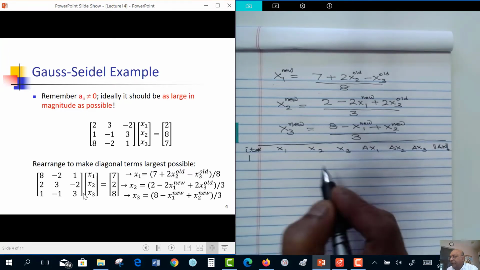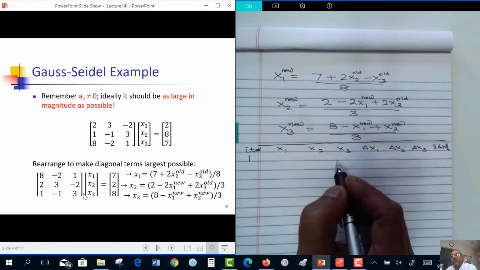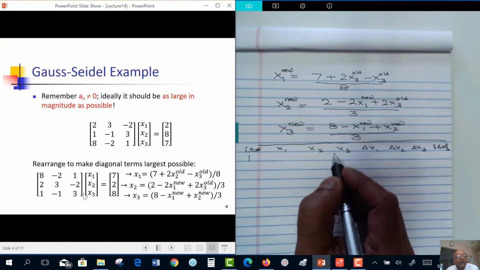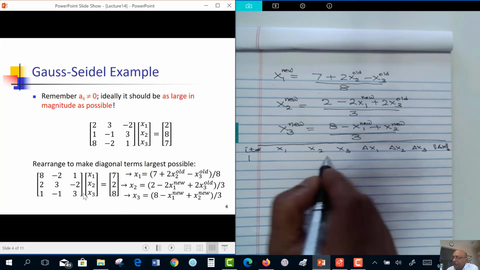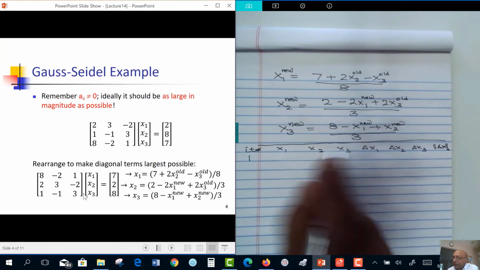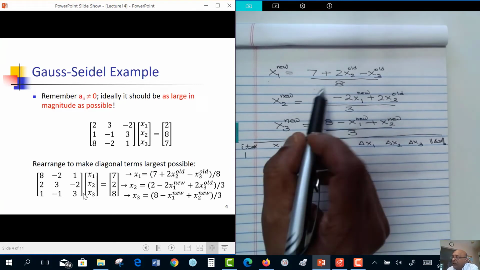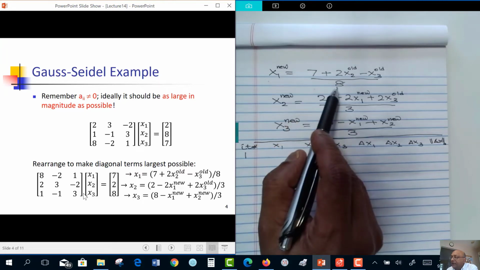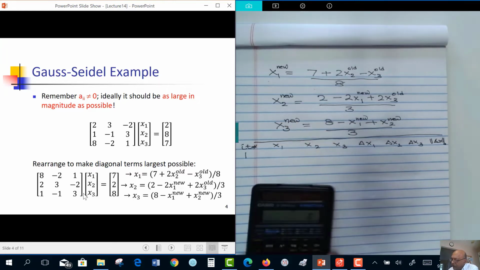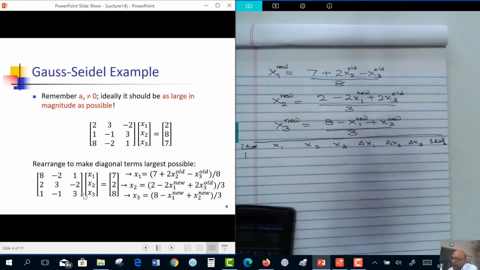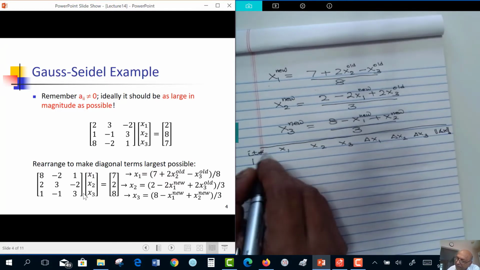Okay, first iteration. Now how should we choose initial guesses? Often you can just pick anything random. Often what people do is they start with all x's being zeros. What I rather do is imagine if x's were 0, I would get 7/8 here. So I use that as a guess, 0.875.